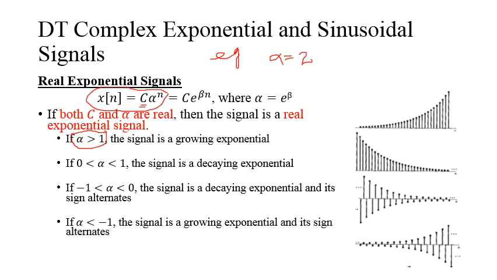So when alpha is 2, and c equals, let's take it to be 5, because it's just a scaling factor. Even if it's 1 or 0.1, it doesn't matter, it's just the scaling factor.